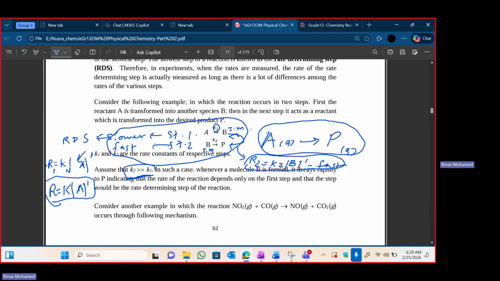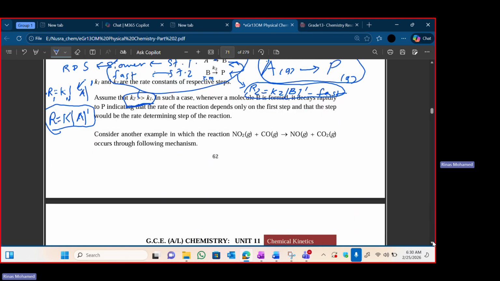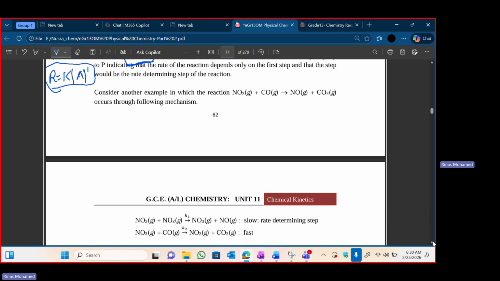K2 is the fastest step, and the slower step is the first one. The first one is an elementary reaction, so its rate law will resemble the overall reaction's rate law. Okay. You have to find the rate law expressions by reading the data very carefully, right?